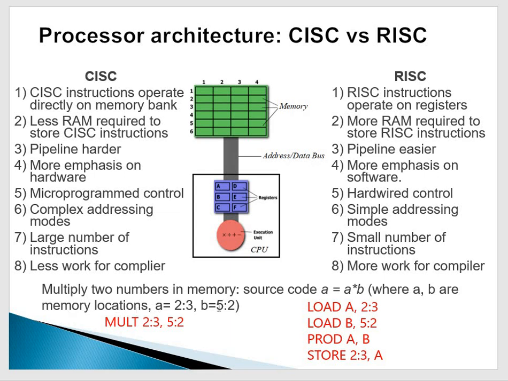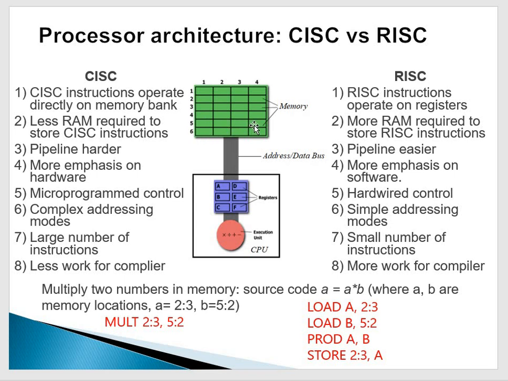The number A is stored at memory locations 2 and 3. One part of the number A is stored at memory location 2 and another part is stored at memory location 3. And B is stored at memory location 5 and memory location 2.